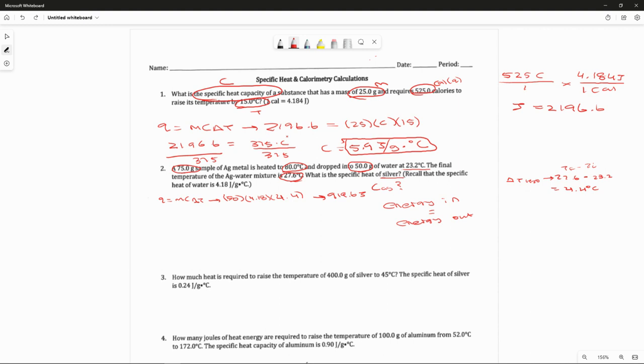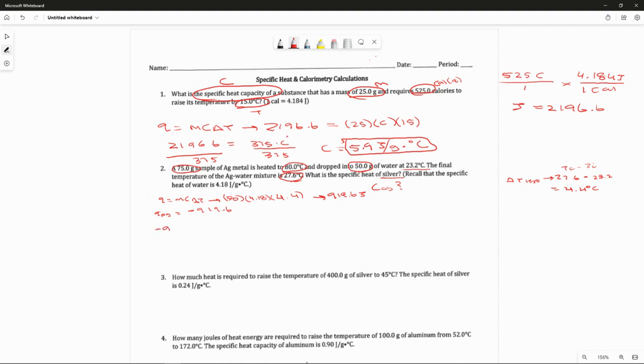Then in order to cancel it out, if positive goes in, then a negative energy must come out. So we know that the heat for silver metal, Ag, is going to be negative 919.6. And so now we can just use this in the same equation, Q equals mc delta T.